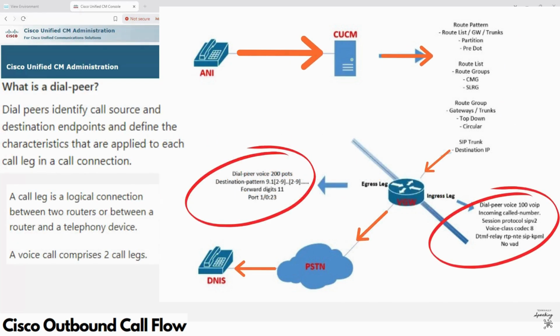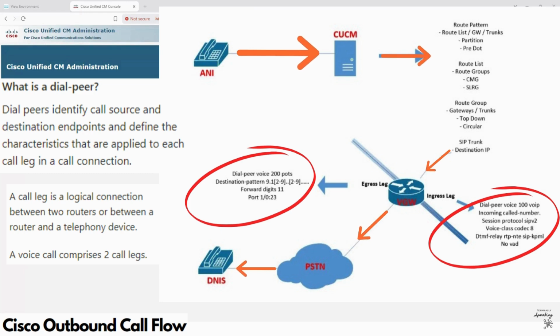When the call hits the gateway, we know we have both ingress and egress call legs. So starting with the ingress leg, the ingress is in our network. We're going to do dial-peer voice, give it a number, let's say 100. And instead of saying POTS, we're going to say VoIP because we're using an IP network. And we know incoming called-number dot is the catch-all.